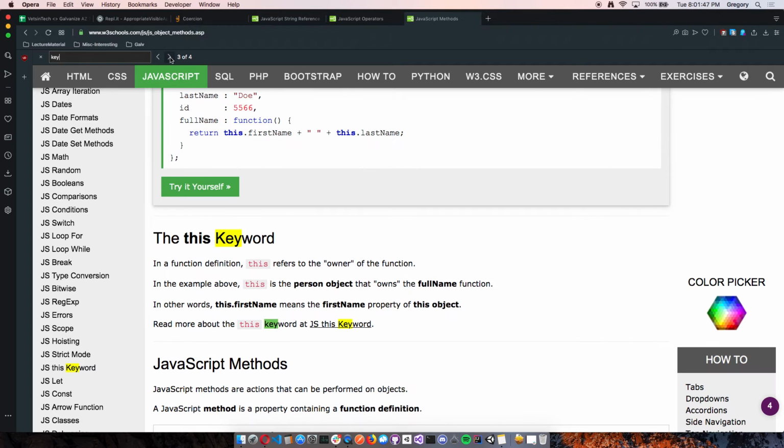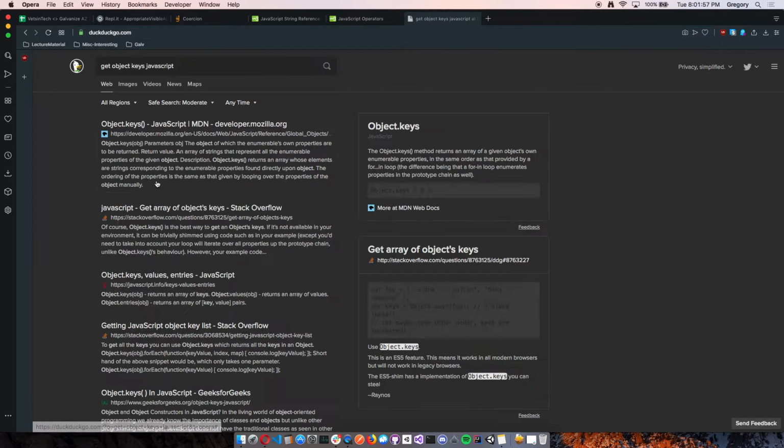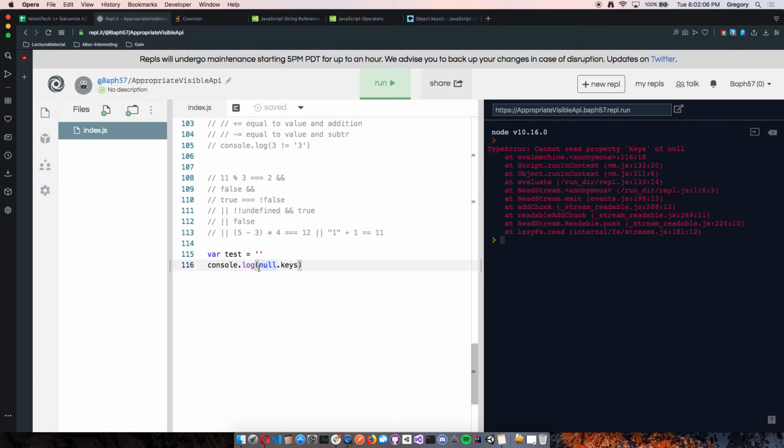Get object keys JavaScript. Object.keys, and then you throw it in there. That's right. Okay. There we go. Object.keys. We'll wrap null.